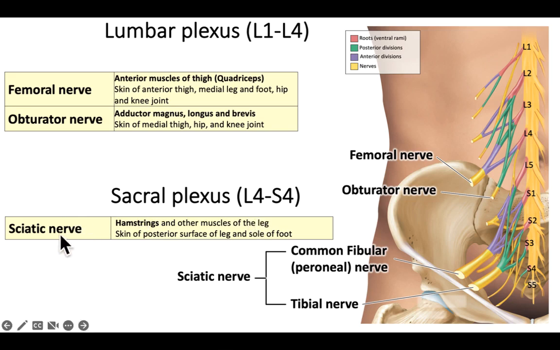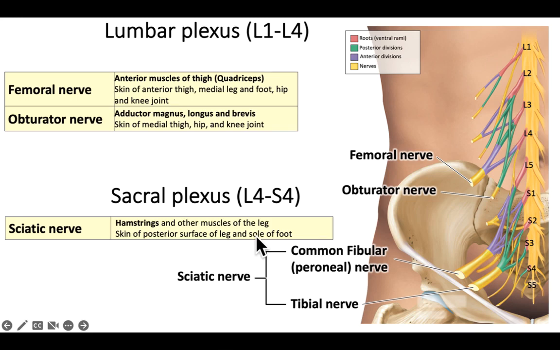So this nerve innervates your hamstrings. Remember, your hamstrings are in the back of your thigh. And then all down the back of your leg as well, so your gastrocnemius. So pretty much everything down the back of your leg, as well as the skin down the posterior side of your leg and then down on the sole of your foot.